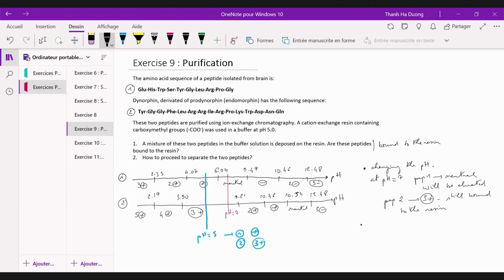The second way is to increase the salt concentration.